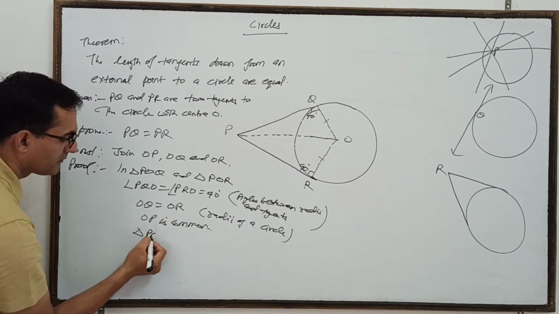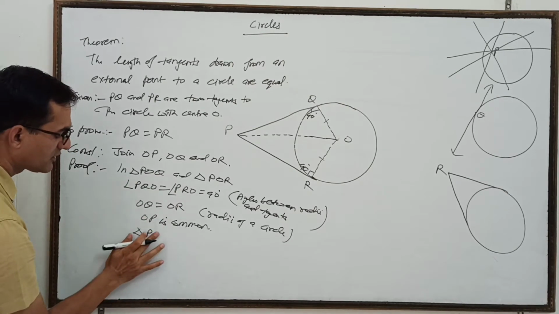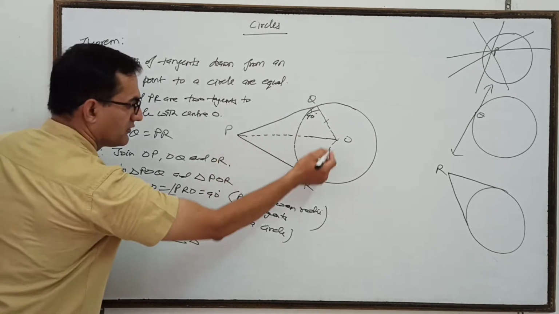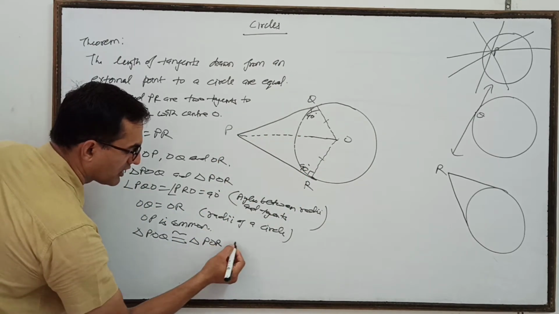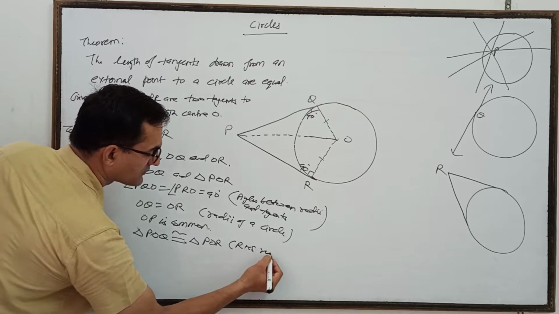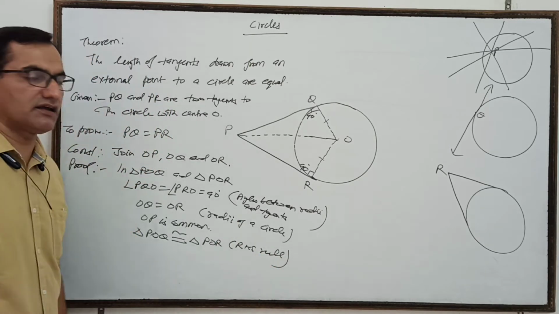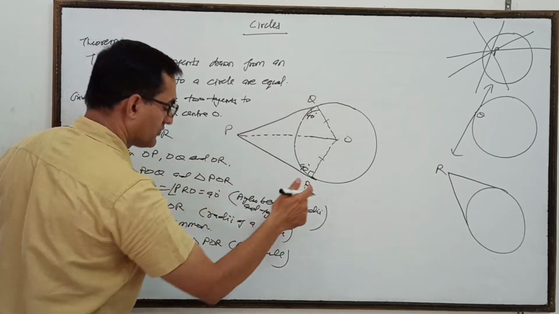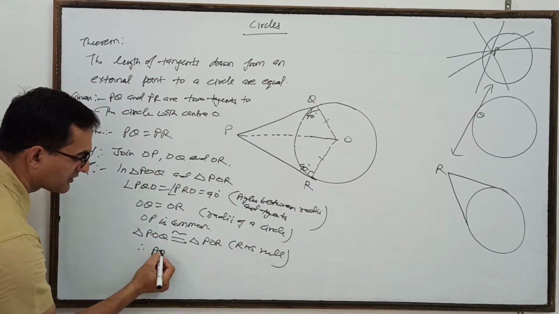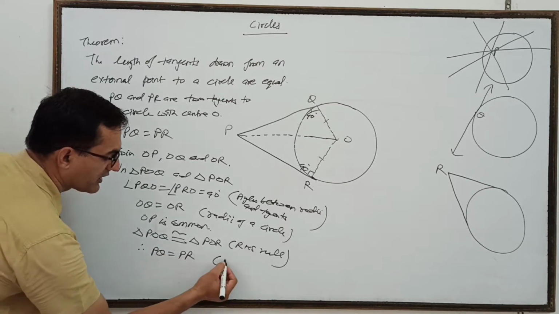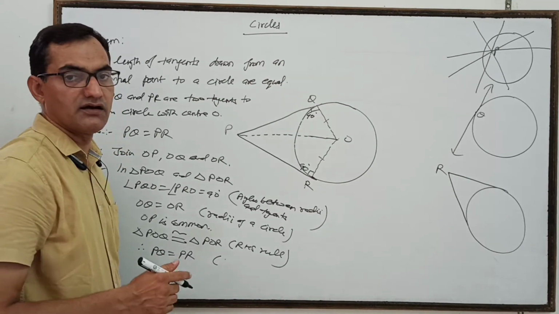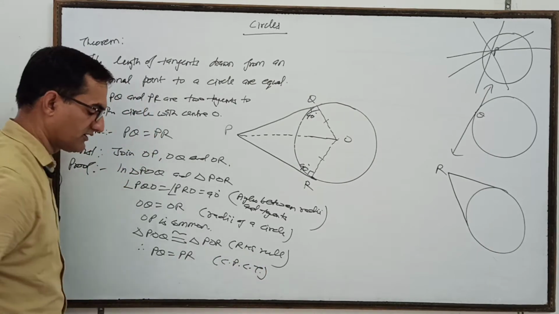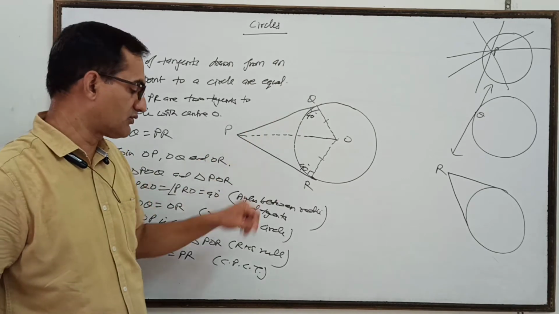Therefore triangle POQ is congruent to triangle POR by RHS. Okay, now what we have to show is PQ is equal to PR. Therefore PQ is equal to PR by CPCT, corresponding parts of congruent triangles.